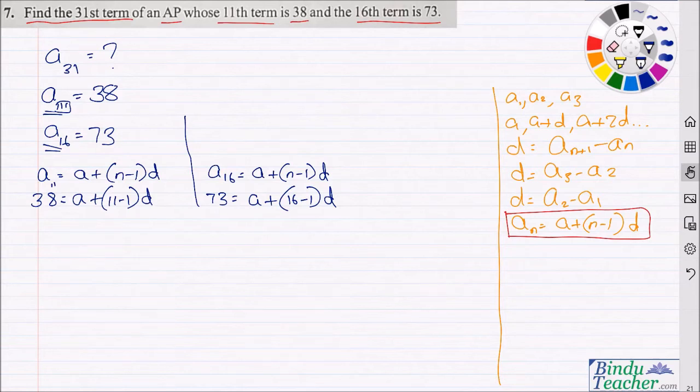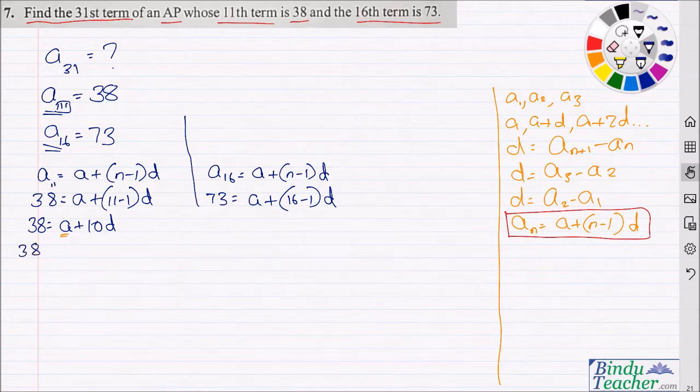Now let's start simplifying this equation. We first take the equation on the left, which is 38 equals a plus 11 minus 1 into d, and 11 minus 1 is 10d. Now suppose we want to find out the value of a. How can we do that?